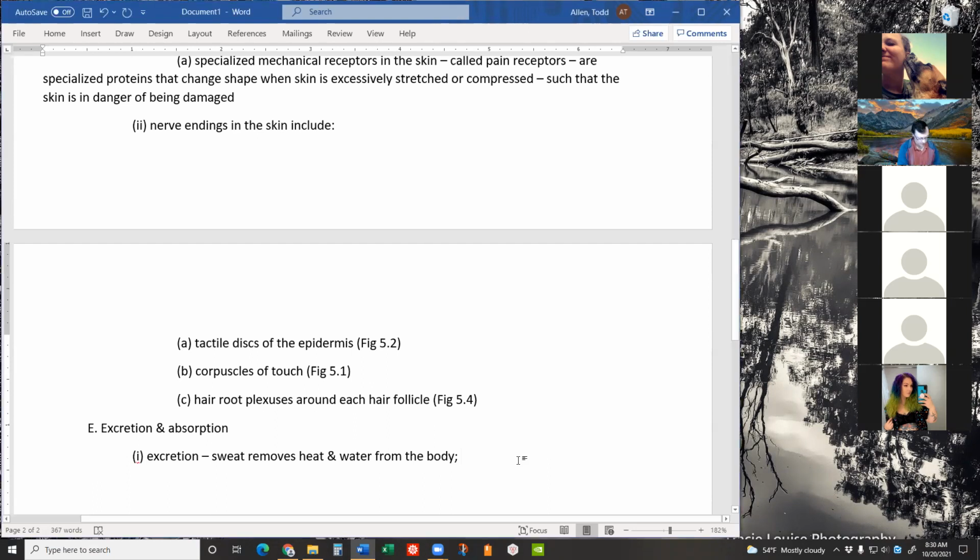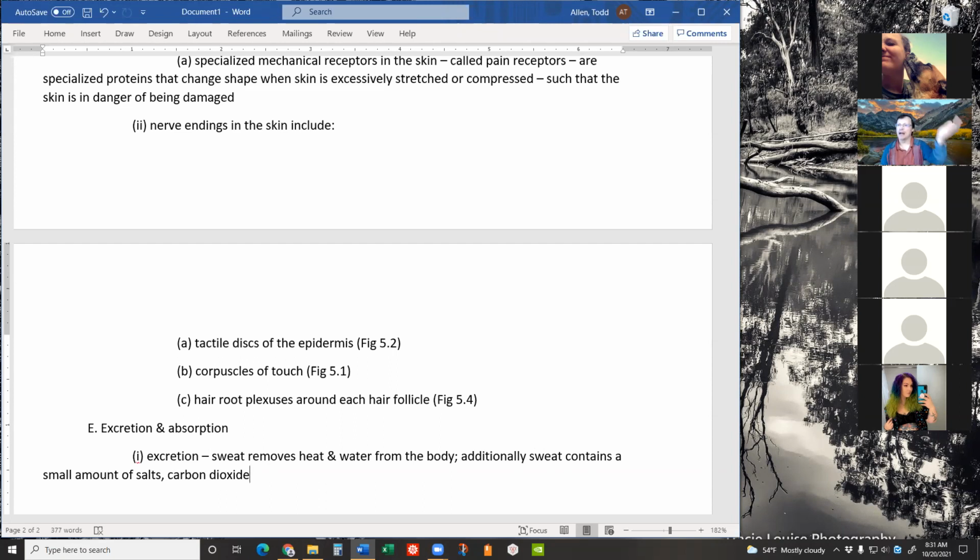So additionally, sweat contains a small amount of salts, sodium chloride being the primary one, but you can also detect other things like calcium chloride. So small amounts of salts, small amounts of carbon dioxide. Everybody knows that when we breathe, when we mechanically inhale and then exhale, we are exhaling carbon dioxide. Most people know that.